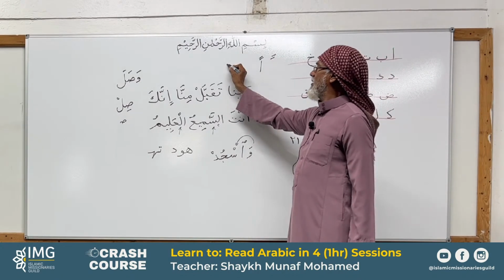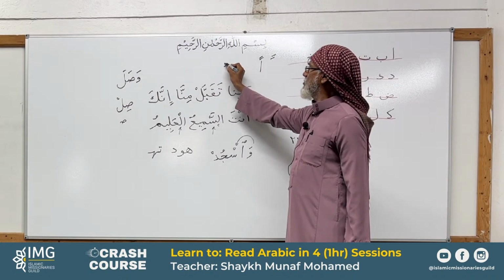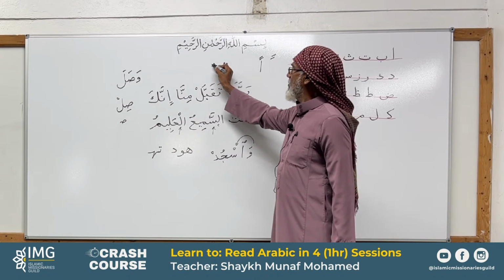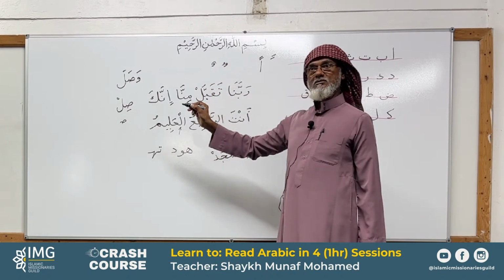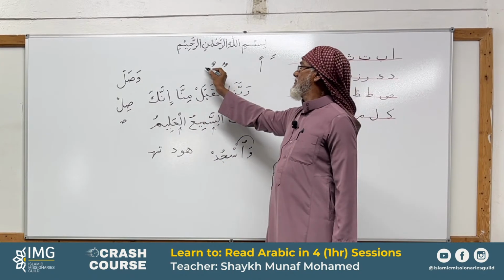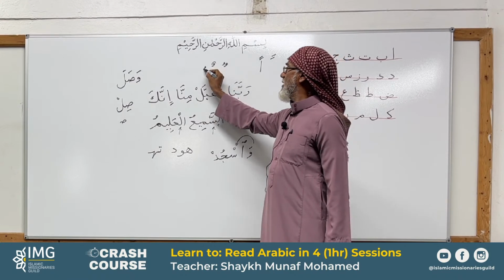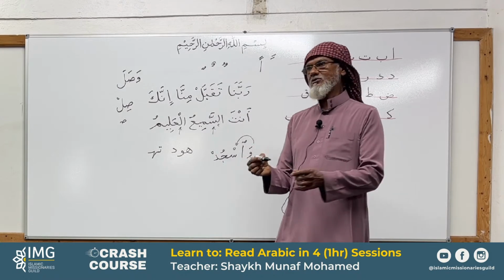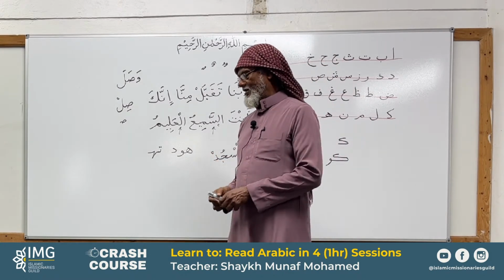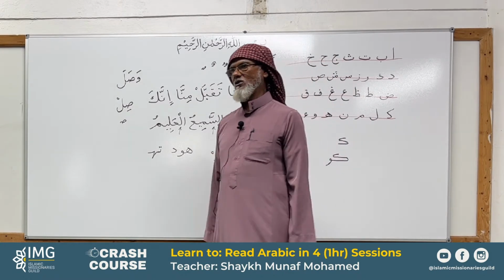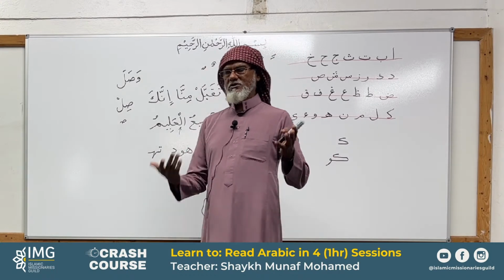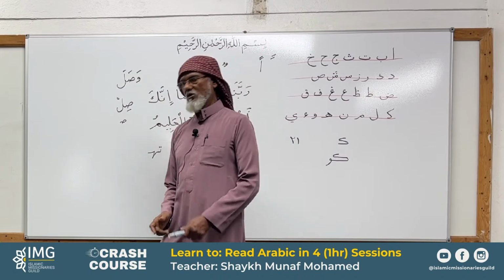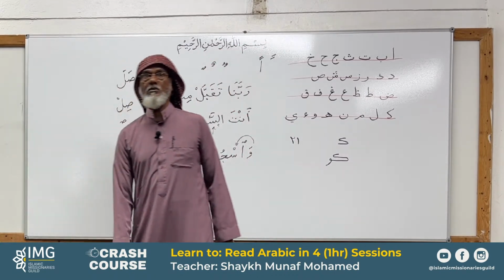Sometimes the tanween dhamma is written like this, and sometimes it could be written like this, or sometimes it goes like this. So you have different ways of writing the same vowel, but subtle differences. When you start learning the rules of tajweed, then you will see all of those things. Any other questions?